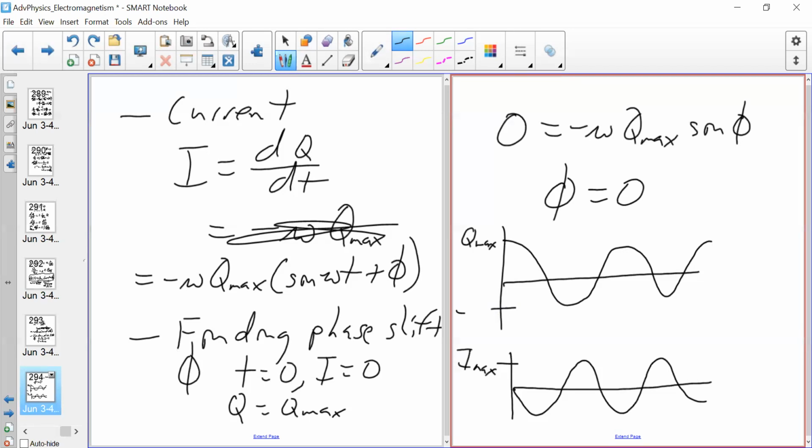We're going to have a buildup of charge from the opposite direction. So negative Q max and negative I max, because we're shifting. When this goes negative, that means the current is going the opposite direction, back and forth. When the current is maximum in this direction, we have basically 0. It's not to scale, but you know, we have that.